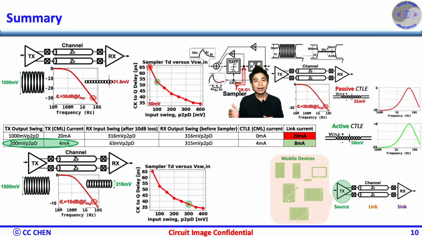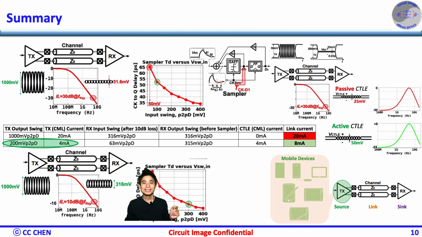In addition, as a very high-speed SerDes, the sampler or comparator may need a big enough input swing to meet the following digital timing due to its poor input sensitivity at such a high speed above 10 gigabit per second. Therefore, we may need the active CTLE to enhance the sampler's input level and mitigate its input sensitivity impairments as well.